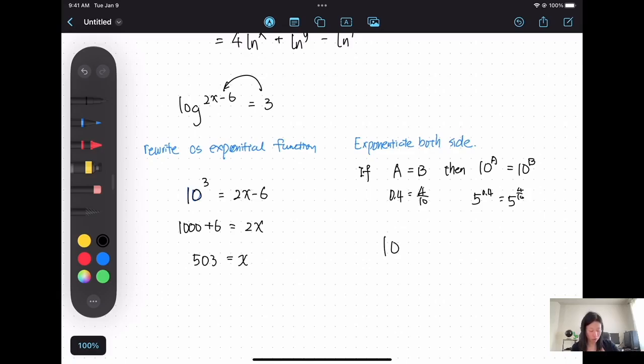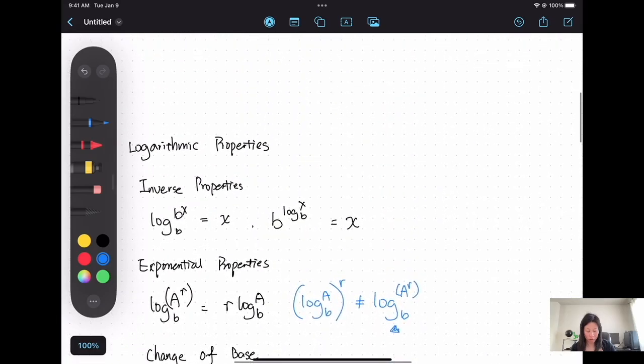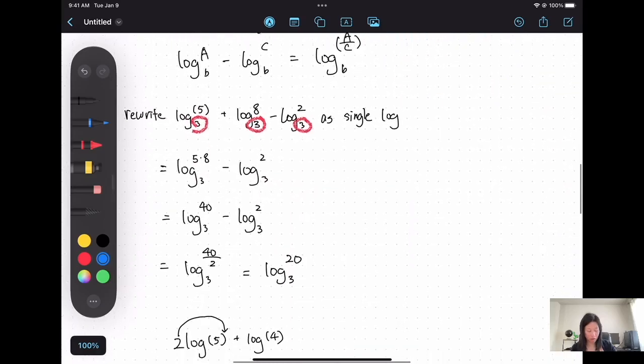I have 10 to the log of 2x minus 6 equals 10 to the 3. And on the left side, by the inverse property, which we wrote earlier, this one: b to the log base b of x is equal to x.